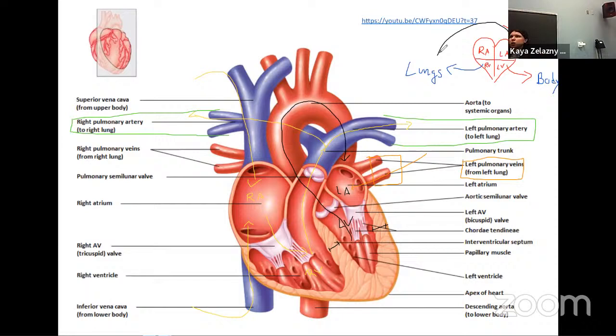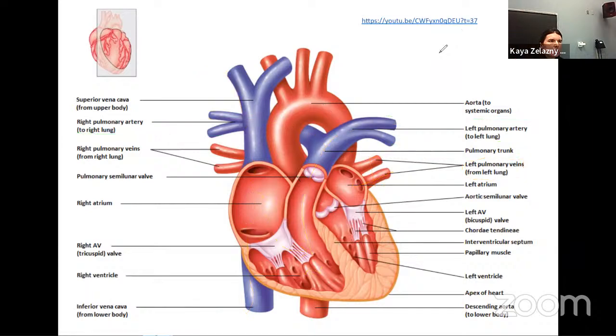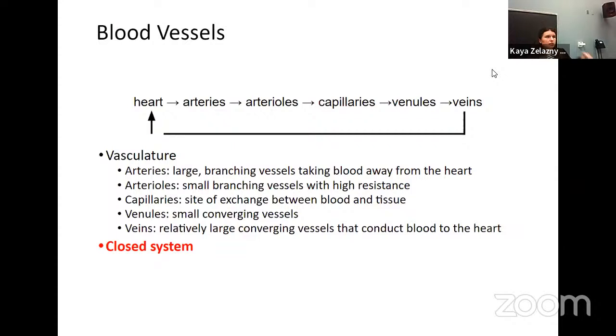So we're going to talk about how we trigger those contractions through our electrical conduction system. And we're also going to be looking at the pressures themselves and the effect that has on some of these other features in the heart. Okay, so that is the main bit of our heart anatomy.